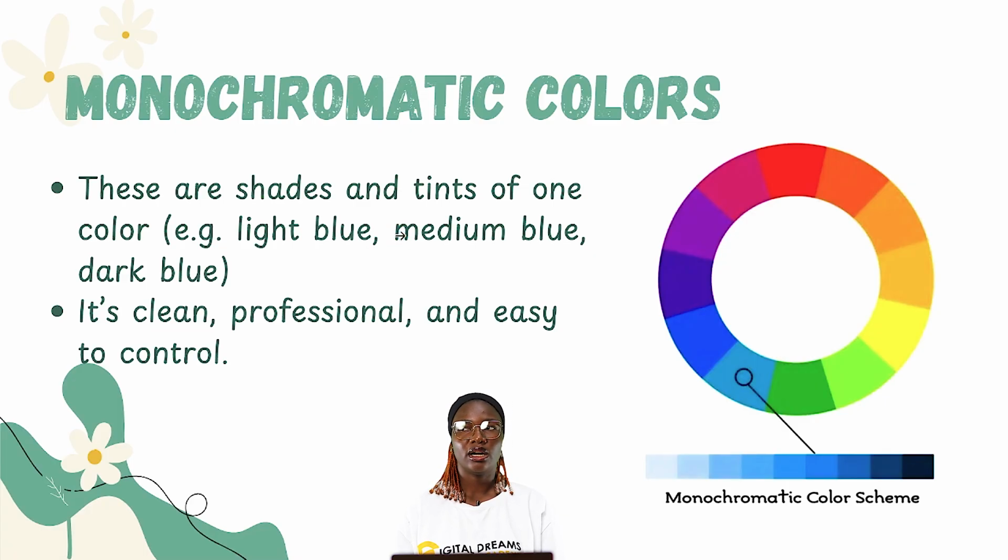I can say, I just want to use green to make this design, but I pick different shades of green: light green, dark green, and medium green. So I use one particular color, but different shades and tints of it. It's clean, professional, and easy to control.